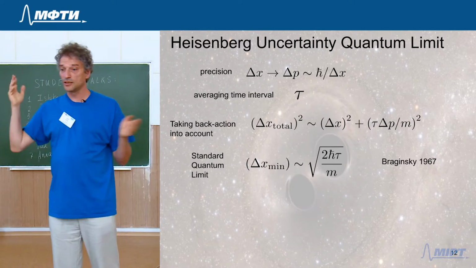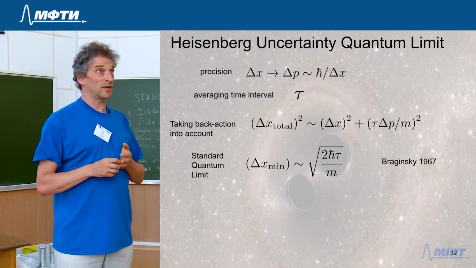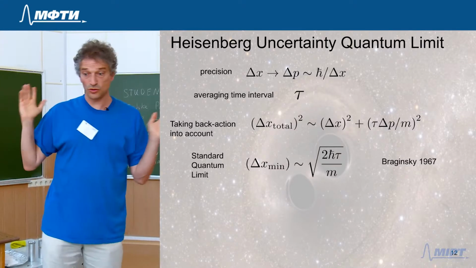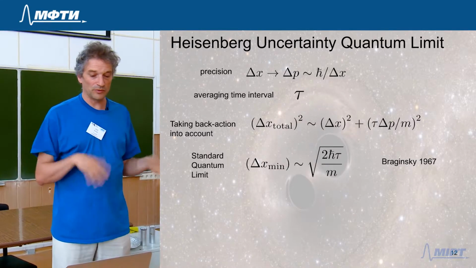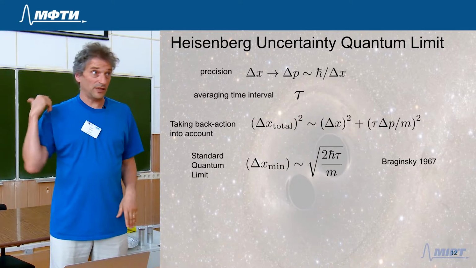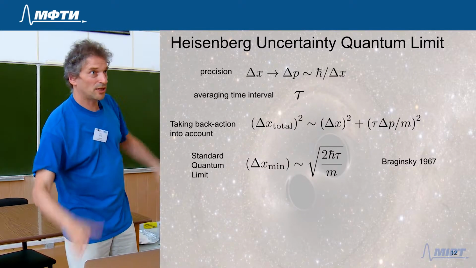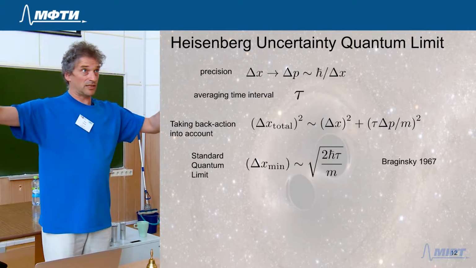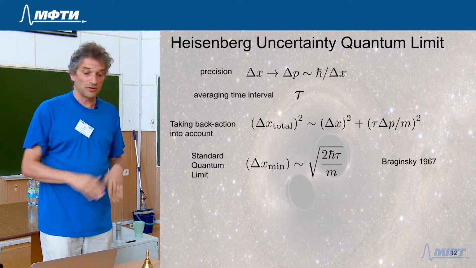It was actually discovered here in Moscow in 1967 by Vladimir Braginsky. But now it's a very well-known thing which is used all over quantum measurement theory, quantum optics, etc. It's a very simple expression, but if you compute it for the test masses, remember you're measuring gravitational waves with characteristic periods of 1/10 of a second or so.